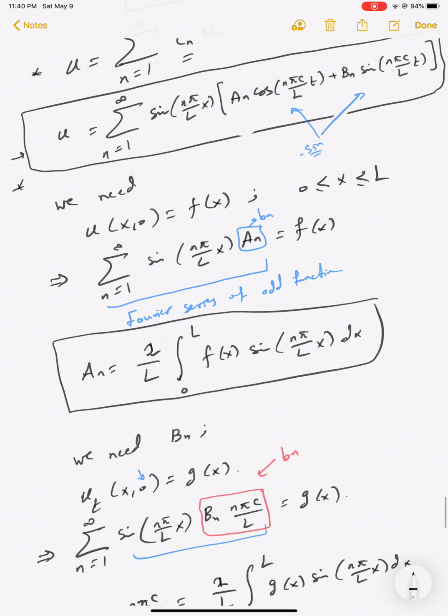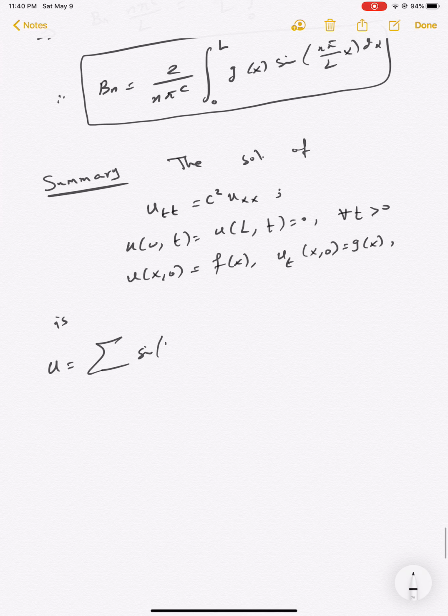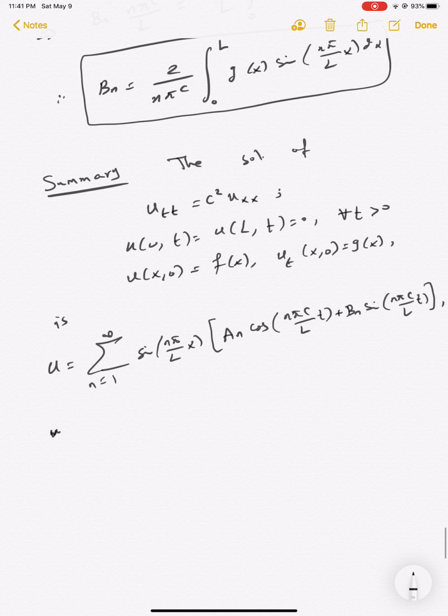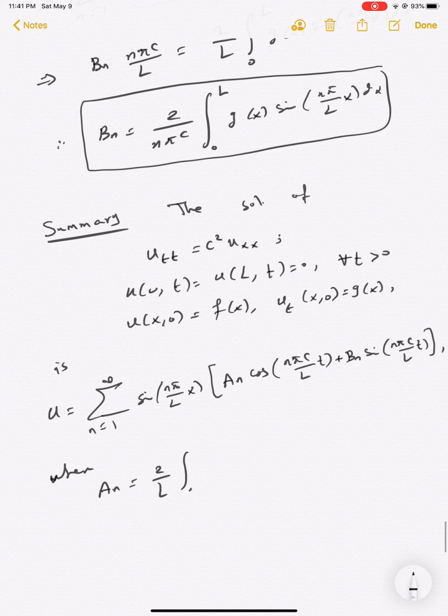I'm just copying this u. It is sine n pi over L x times an cosine n pi c over L t plus Bn sine n pi c over L t, and the n is from 1 to infinity, where what is the an? The an formula is there. It's 2 over L integral from 0 to L, the given function f of x times the sine.